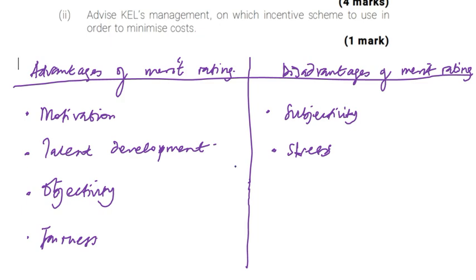Then we can look at how it focuses on individual performance, by the way. Now, how is this a disadvantage? You see, merit rating may focus too much on individual performance and overlook the importance of teamwork and collaboration in achieving the organizational goals.